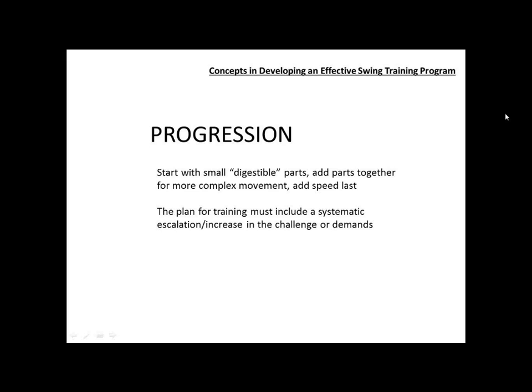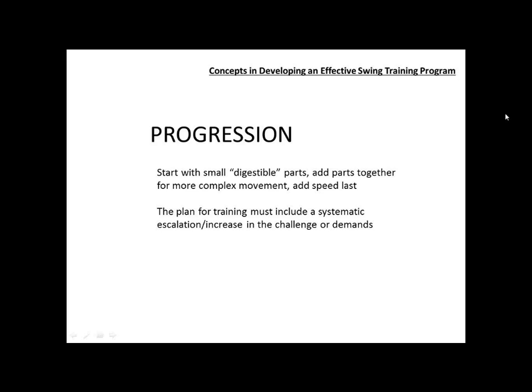And again, we don't have time to get into all the details, but a simple way to think of this is you can advance the intensity by adding volume. I mean, there's many ways you can do it, but one simple way is volume. So one week you do so many sets and reps, and the next week you advance to more sets and reps, and increase the volume.